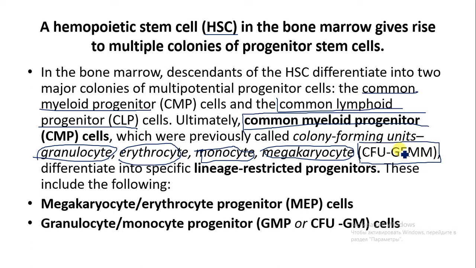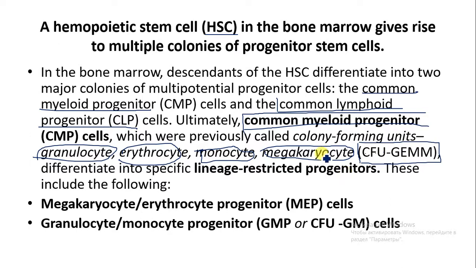And what does colony forming unit mean? These cells are able to form colonies inside the liver and later inside the bone marrow, and this colony will be responsible for formation of more and more cells. These cells are settling in these organs, and they can continue their differentiation and blood formation.